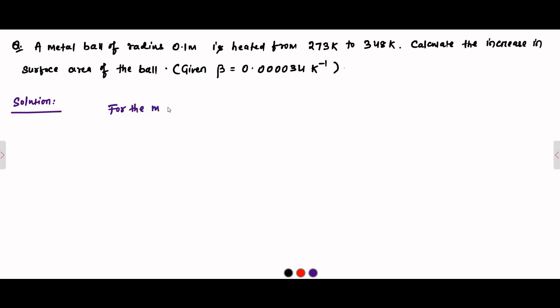Okay, so here it is given that for the metal ball, the initial radius R0 is equal to 0.1 meter. So the initial surface area will be equal to 4 pi R0 square, which is equal to 4 pi 0.1 square. Let's keep it like that. Let's not calculate it.